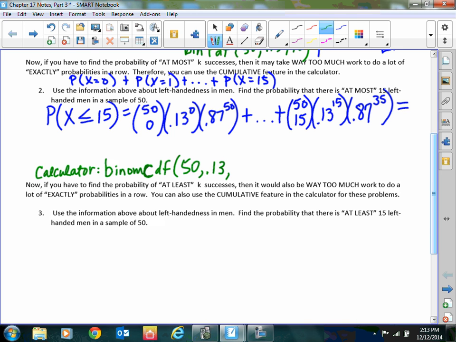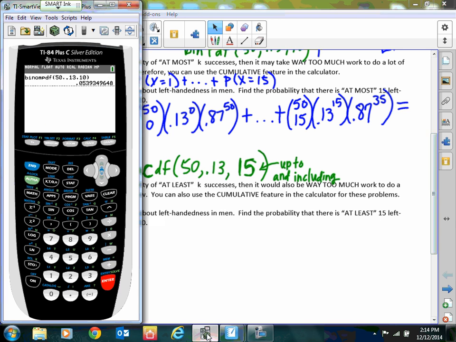Whatever number goes right there is up to and including, so you are including that number. So let's do that. Second, VARS, go up until you get to binomial CDF, which is right under binomial PDF. 50, comma, 0.13, comma, up to and including 15.